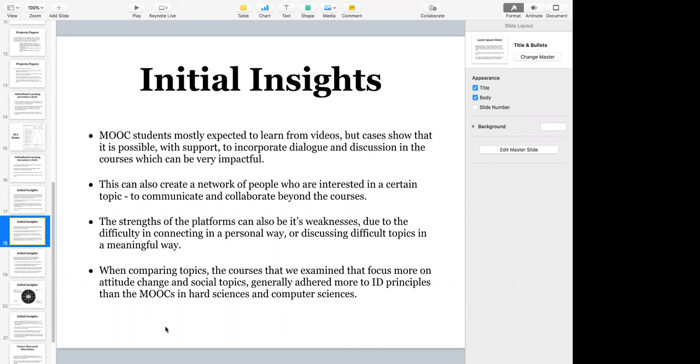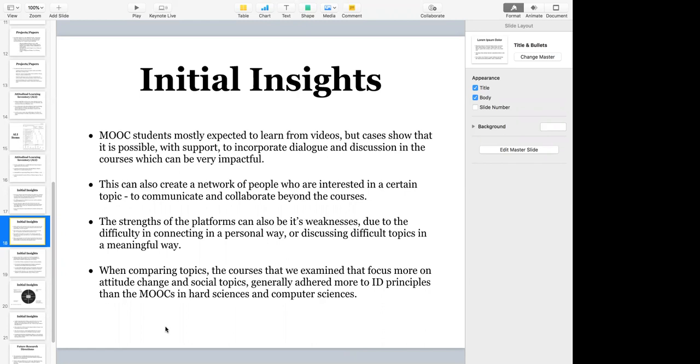It was very hard for her to connect in a personal way or discuss the difficult topics with students in a meaningful way, because there were too many people for her to talk to. Whereas the animal behavior and welfare course had 8 different professors working together to facilitate different discussions and topics, and that would be very, very supportive for each other as well as students.